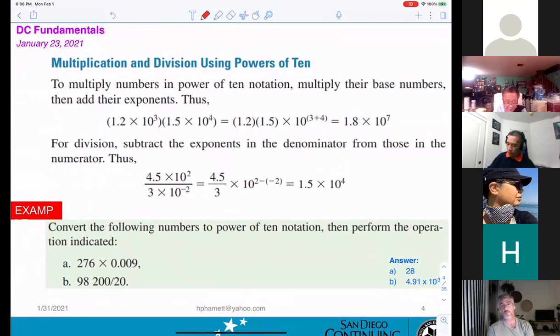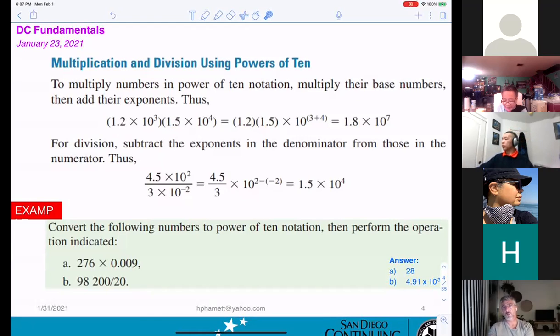To multiply numbers in power of 10 notation, multiply their base numbers and add their exponents. They give you an example, 1.2 times 10 to the 3 times 1.5 times 10 to the 4. Basically, the easy way is to take 1.2 times 1.5, and add the powers: 3 plus 4.